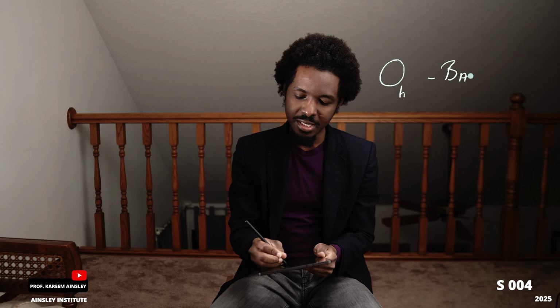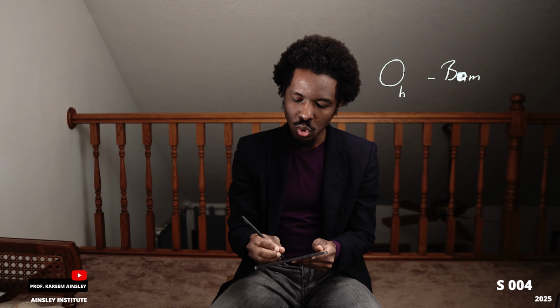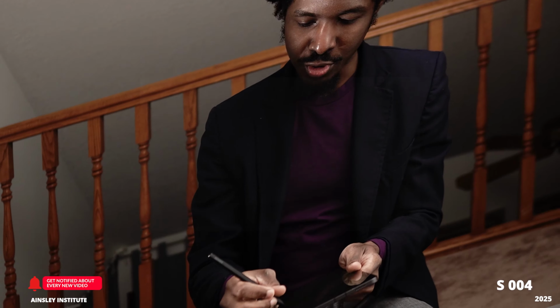Let me just write it just in case you come across it. So it's O and subscript h. This here is the Bombay. Bombay. All right. And the expression is hh.